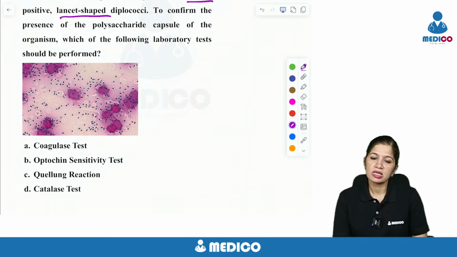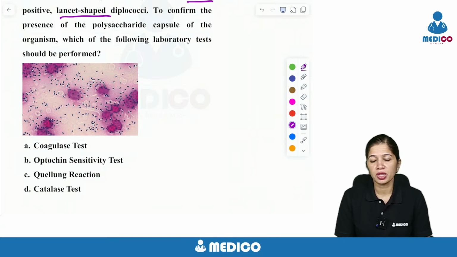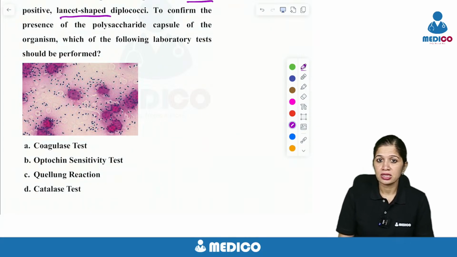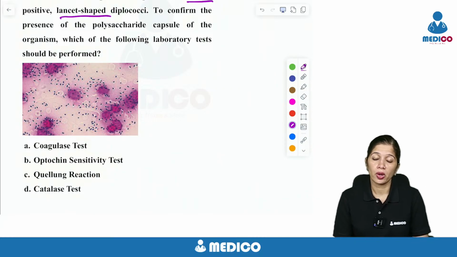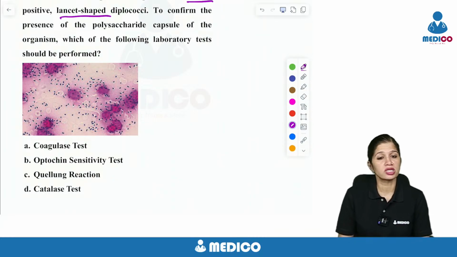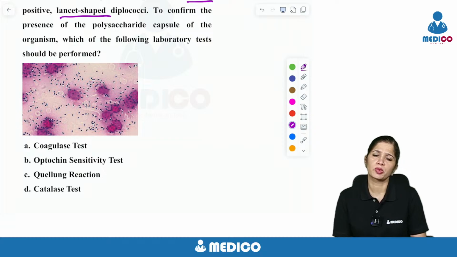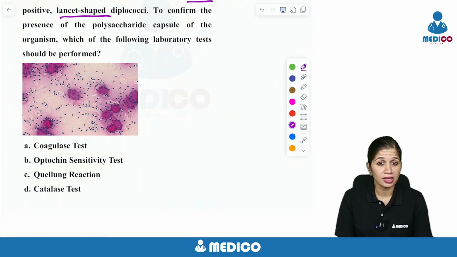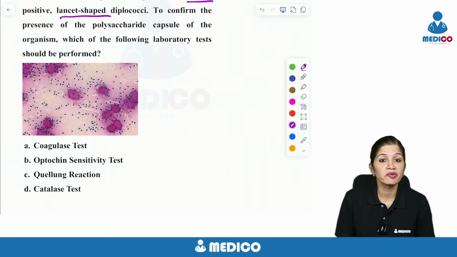So which organism are we looking at? Which is the organism that causes gram-positive lanceolate diplococci to be seen in gram stain? There's only one organism, that is Streptococcus pneumoniae. So catalase test: all streptococci and enterococci are catalase negative, whether it is Streptococcus pneumoniae, viridans group, Streptococcus agalactiae, the beta-hemolytic Streptococcus pyogenes, or enterococci, all of them will be catalase negative.